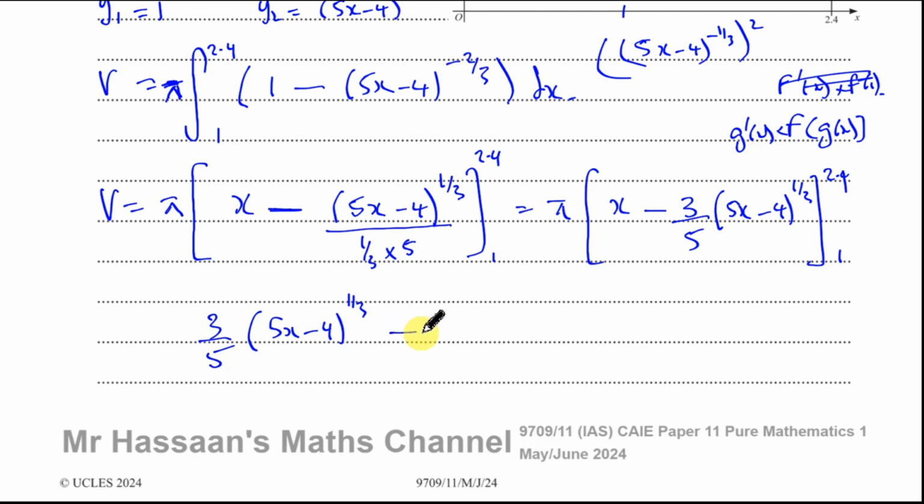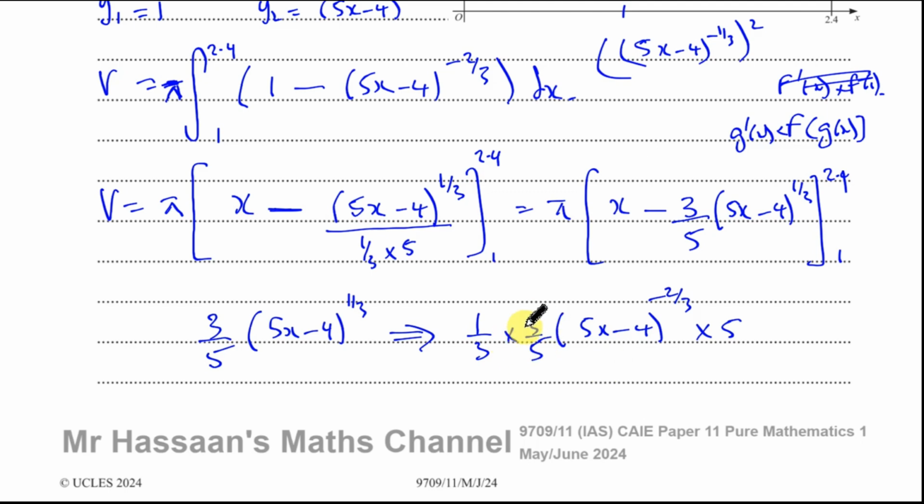So if you differentiate this, you multiply by the power, so you have 1/3 times 3/5, and then 5x minus 4 to the power of, you take 1 from 1/3, you get minus 2/3. And then you multiply by the differential of what's inside the function. So you differentiate 5x minus 4, you get 5. That's using the chain rule.